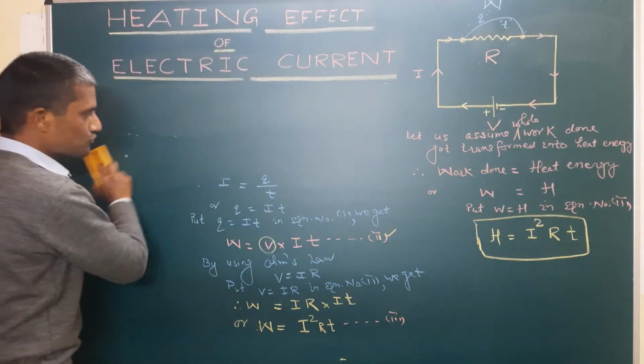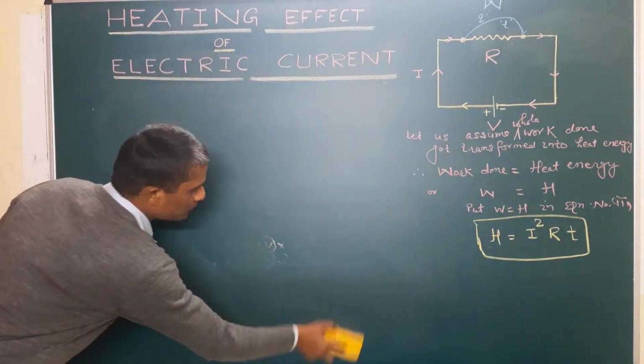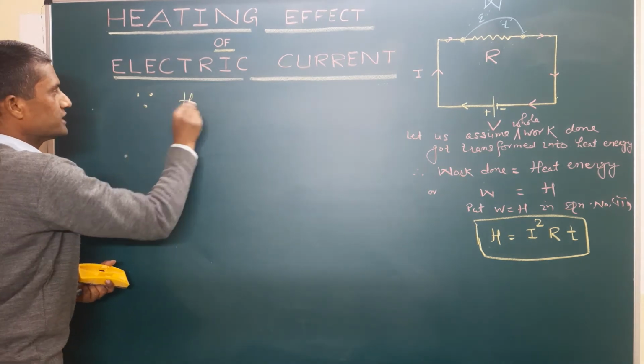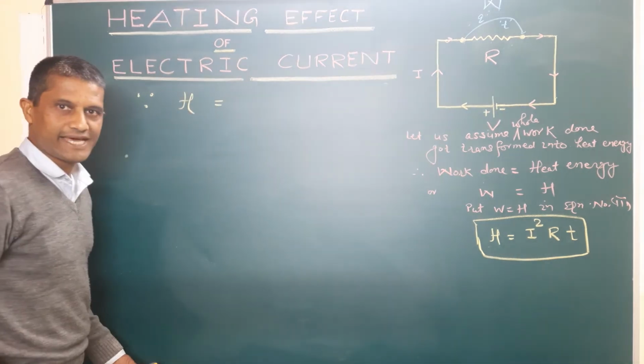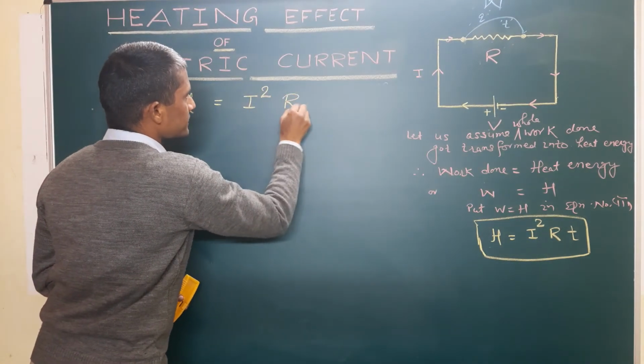Let me take you to that stage, but firstly let me make a few conclusions. This is what we have got, the heating effect of electric current, and that's the derivation for it. H is equal to I square RT.